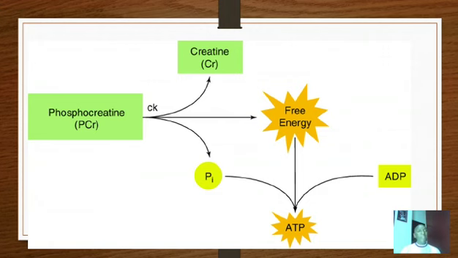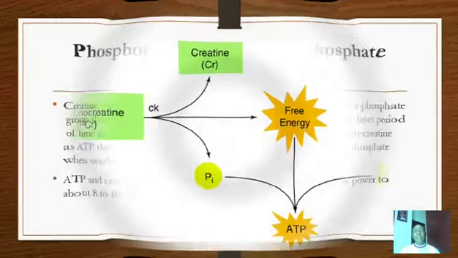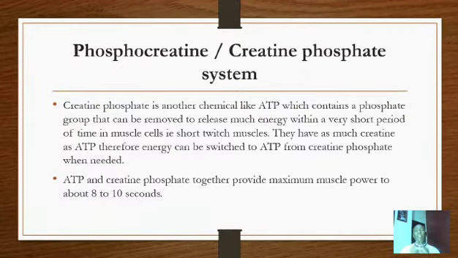So just like we're seeing phosphocreatine splitting into creatine and inorganic phosphate, providing energy needed by the muscles within a short period of time, that phosphate from the phosphocreatine can combine with ADP, forming ATP. That is why we have said that phosphocreatine and ATP are both found within the muscles.